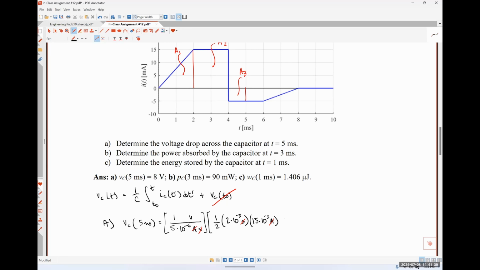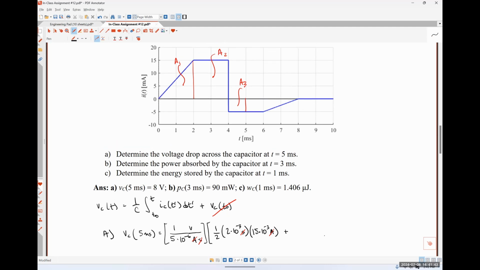So what should the area A2 be? How do I find that? Just base times height, because it's a simple rectangle. So our base is once again 2 times 10 to the minus 3 seconds, and our height is once again 15 times 10 to the minus 3 amps.